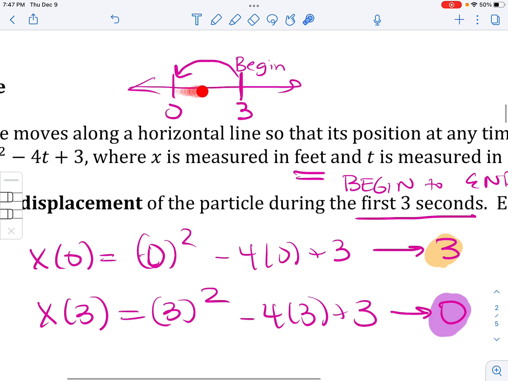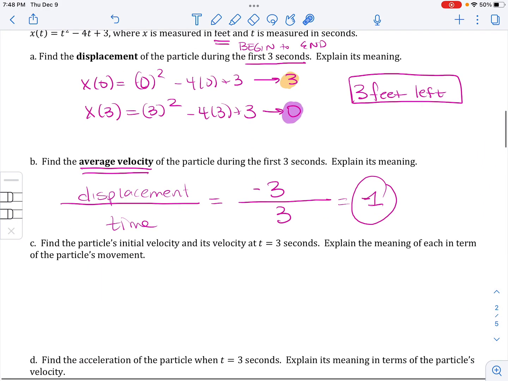This gap is the displacement, how much distance we lost, and that took 3 seconds. So if this positional distance changed in 3 seconds, on average I'm going backwards by 1 per second. Don't worry, that's not on the test. Sometimes it's good to know these things.